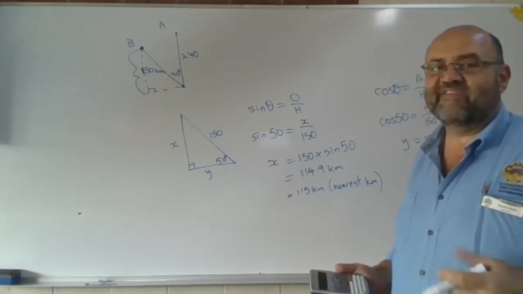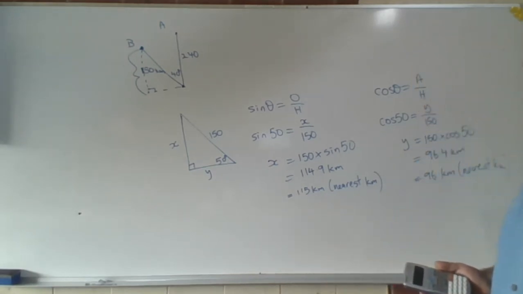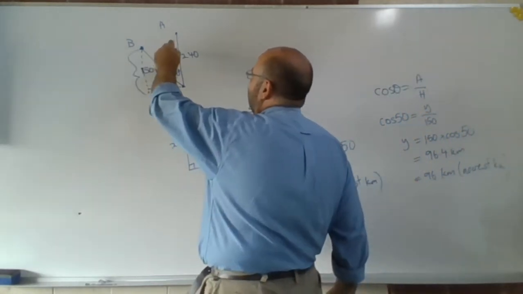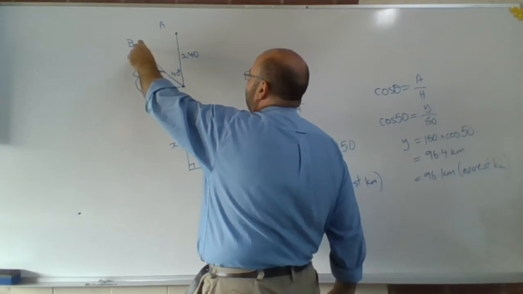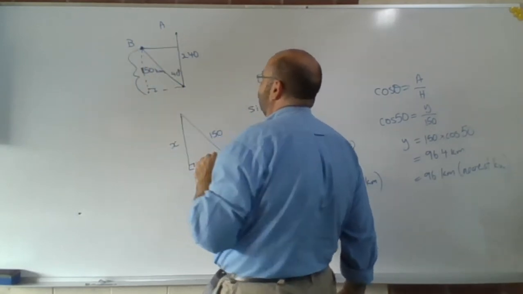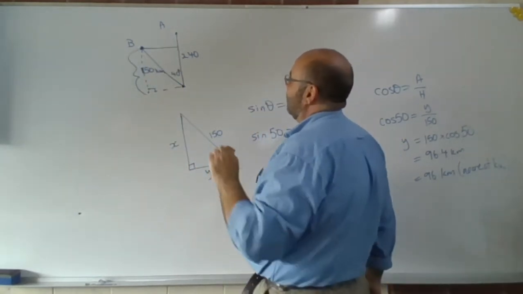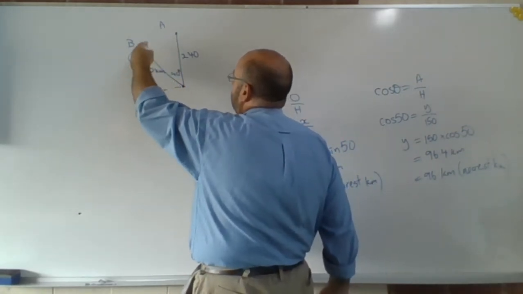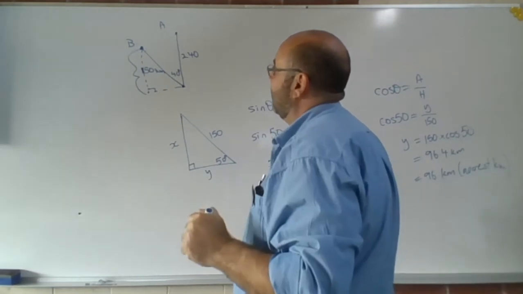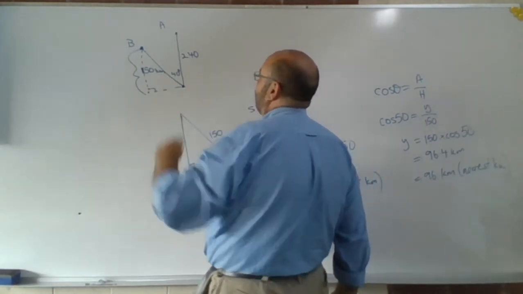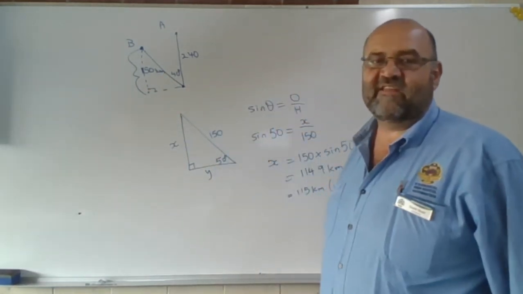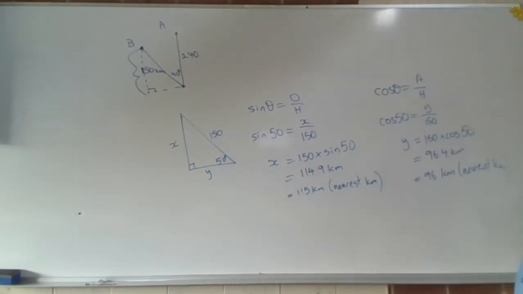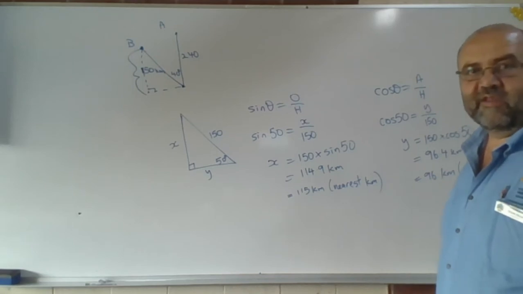How many kilometres is the plane off course? Well, what's on course? The plane's meant to be here. So what they're asking for now is, if we were intending to get to Anderley, we ended up at what's the name of that other town?